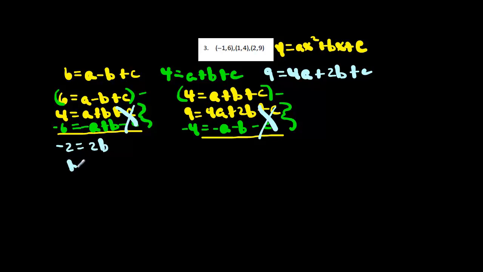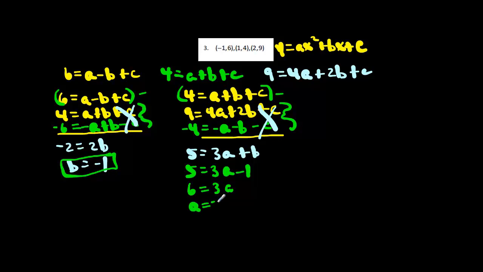When I divide, I'm going to get b equals negative 1 right off the bat. Over here, when I add down, I'm going to get 5 equals 3a plus b. But we just found out that b is negative 1. So 5 equals 3a minus 1. Add the 1 to the 5.